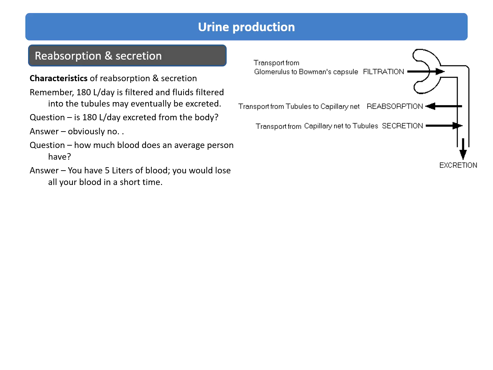Answer, you have roughly 5 liters of blood. If you filtered and lost 180 liters a day, you would lose all your blood in a very short time. So, most of the fluids that are filtered are returned to the body by reabsorption.